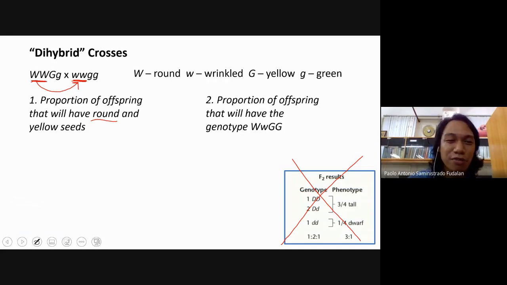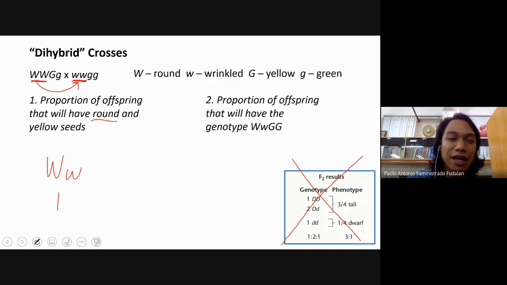So in other words, you will always have a big W and then a small w all the time. I said always, meaning that's 1 out of 1 or 100% probability.